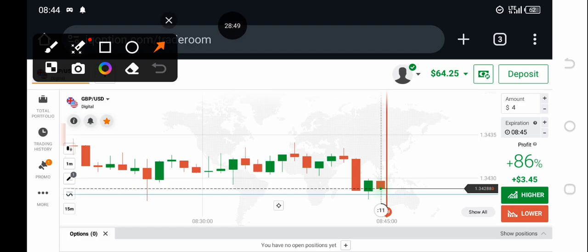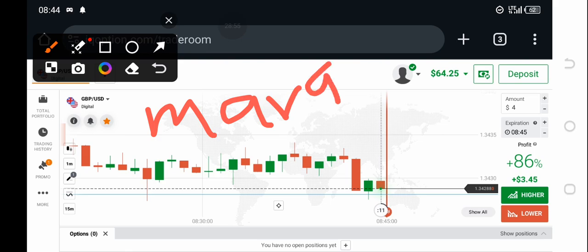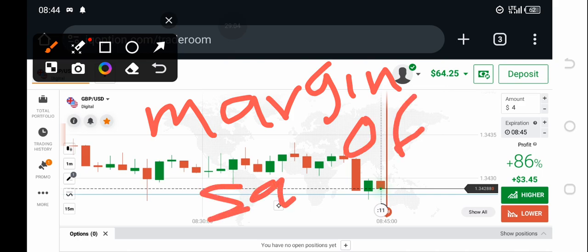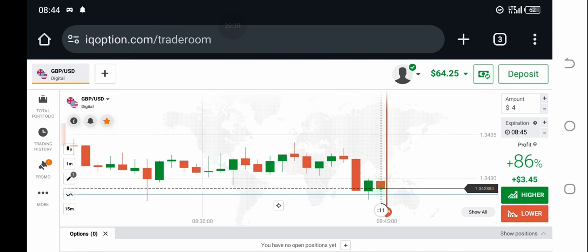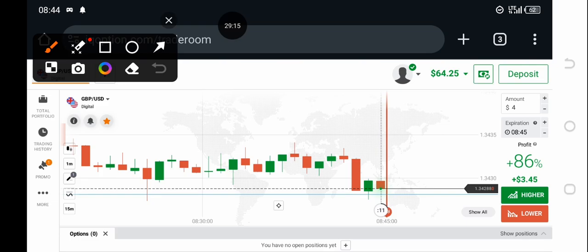Margin of safety, just normal safety. So what we call margin of safety is a situation whereby you are seeing this situation now.